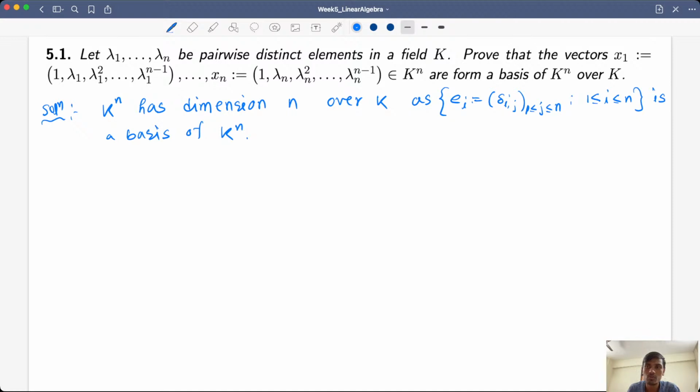Now to show that x1 to xn also form a basis, since these are n vectors, it is enough to check that x1 to xn are linearly independent or a generating set.